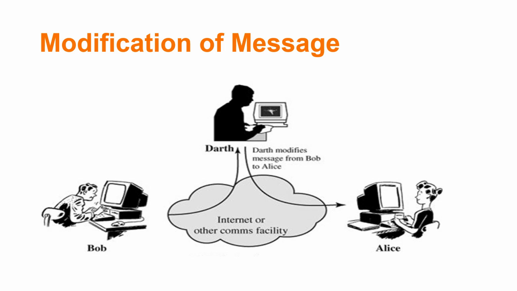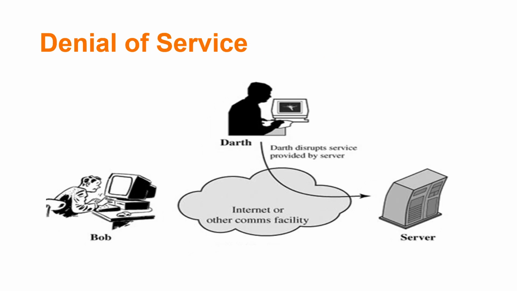The last form of active attack is denial of service. What is denial of service? It prevents or inhibits the normal use of any kind of services. So this is again an active attack. Say, for example, there is a server providing some service. A third party sends a lot of messages to the server and creates congestion over the network.